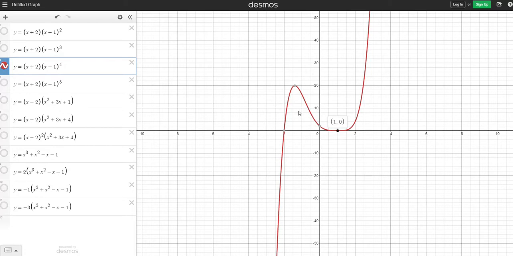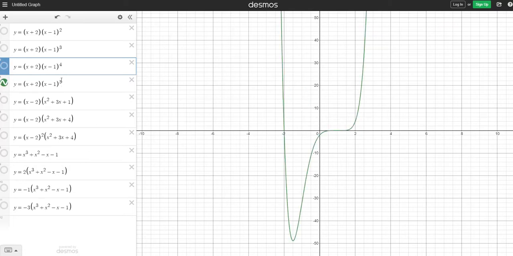There it is. Notice we're back to bouncing off. And with the 5th power, so a 0 of multiplicity 5, we're back to the graph cutting through the x-axis.